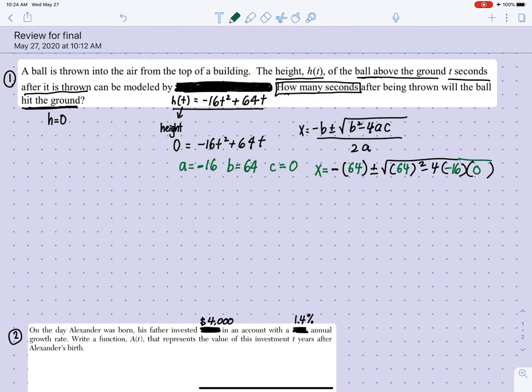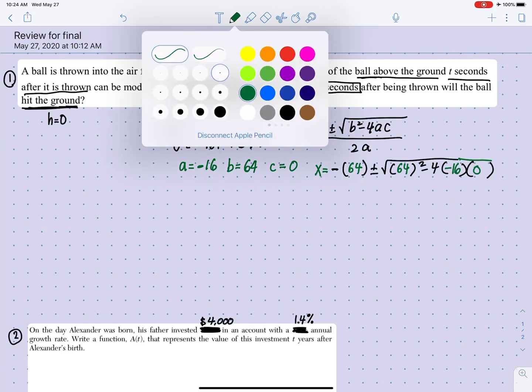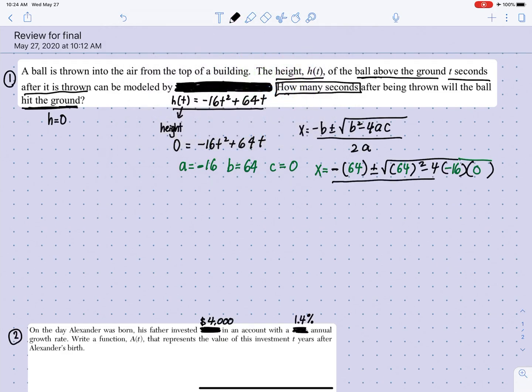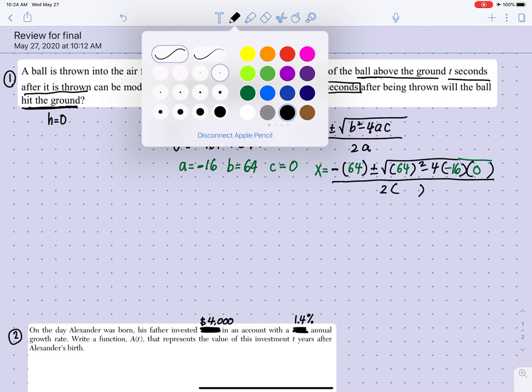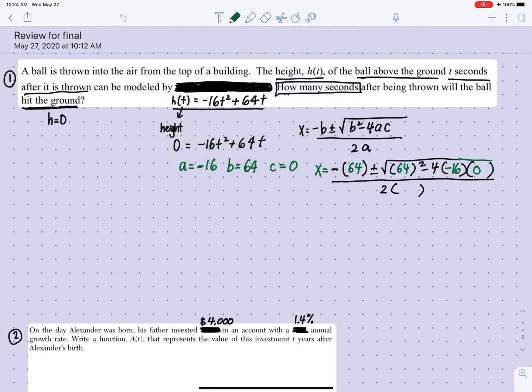So if you look here, everything in green is what I substituted, and whatever I wrote in black is what is in the original quadratic formula. 2 times a, so since I'm plugging in a, I'm going to put parentheses, and a is negative 16. So little by little, we're simplifying, and so here we have x equals negative times 64, that's negative 64, plus or minus the square root.